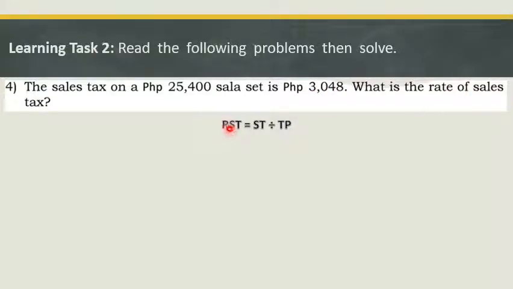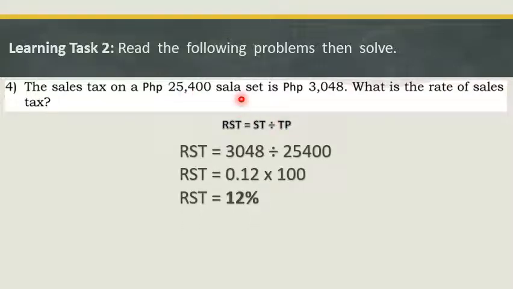So, ang RST or rate of sales tax, para makuha siya, i-divide nyo lang yung sales tax doon sa ating total amount of product, yung TP. So, yung 3,048 divided by 25,400, so makukuha natin dyan is 0.12. So, since ito ay rate, times natin sa 100 para maging percent. So, magiging 12%.